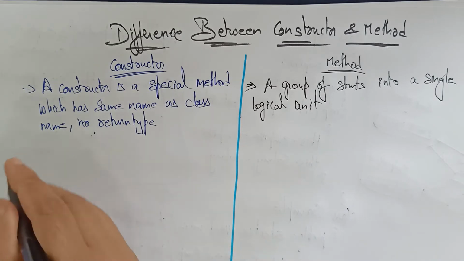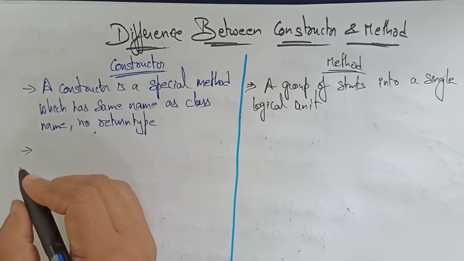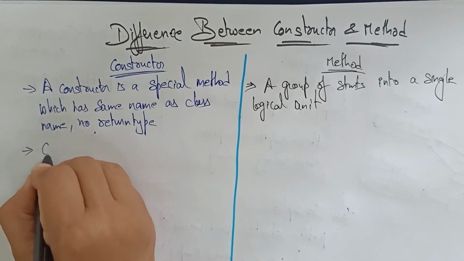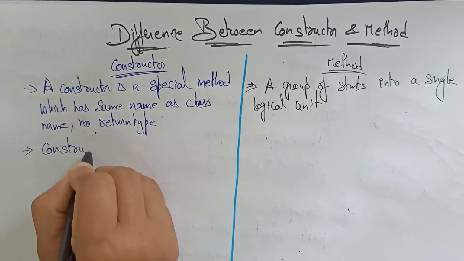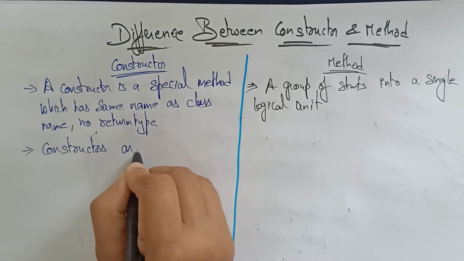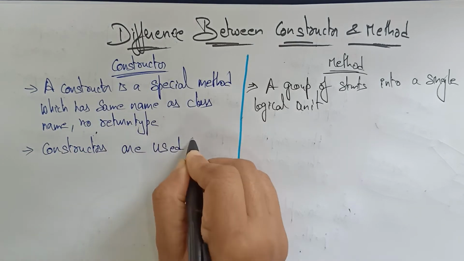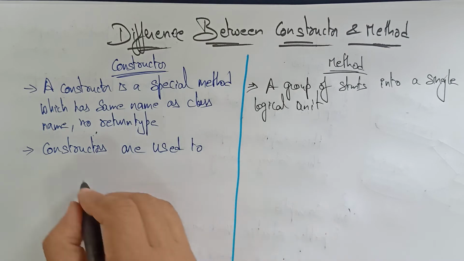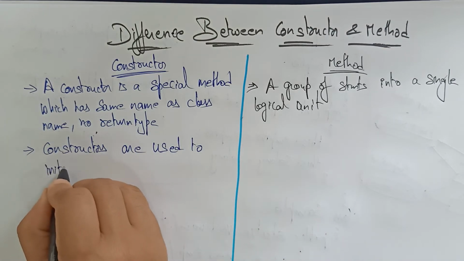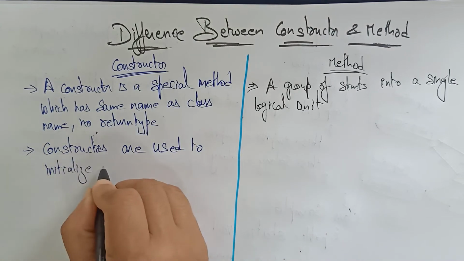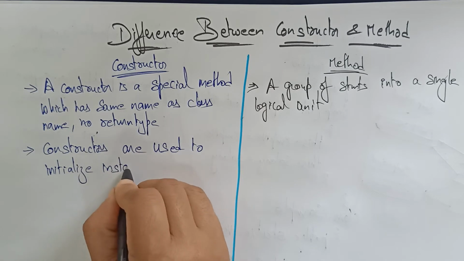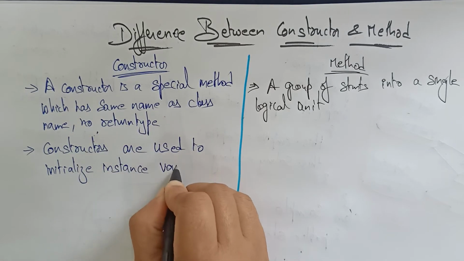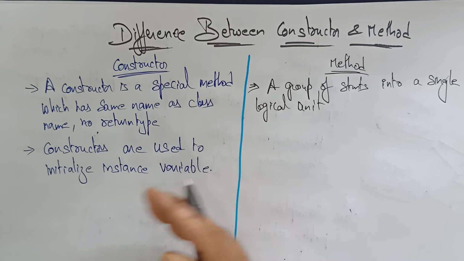Next, constructors are used to initialize instance variables. If you want to initialize instance variables, you require a constructor. In the previous video I explained the example.